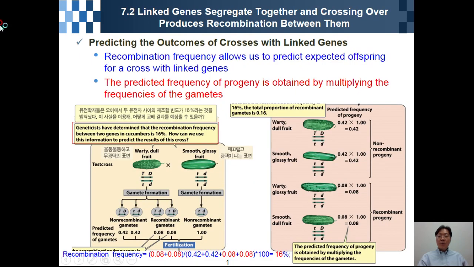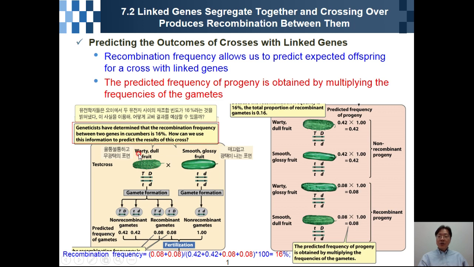In this slide, I will explain how to predict the outcome of crosses with linked genes. Usually the recombination frequency allows us to predict the expected offspring with linked genes. For example, this is cucumber. This case shows warty and dull fruit, where warty means 울퉁불퉁 and dull means 무광택.